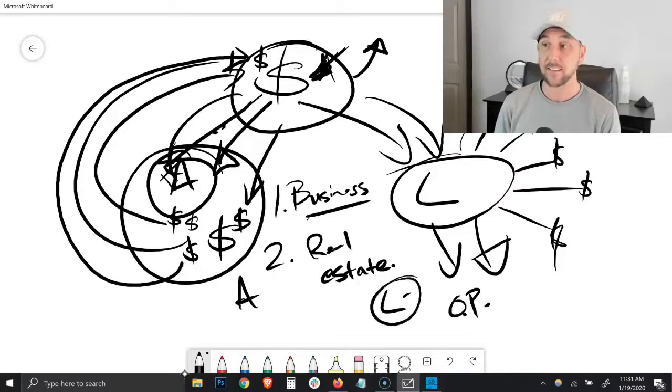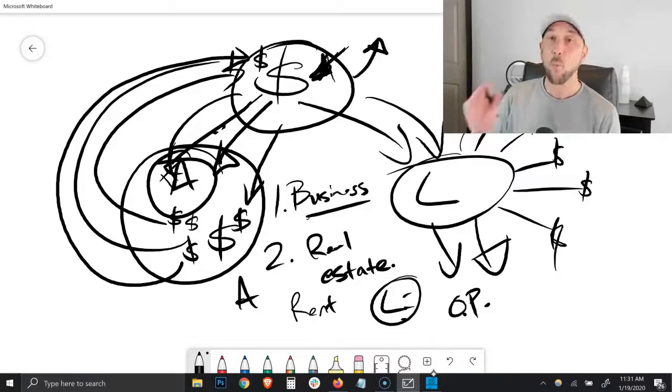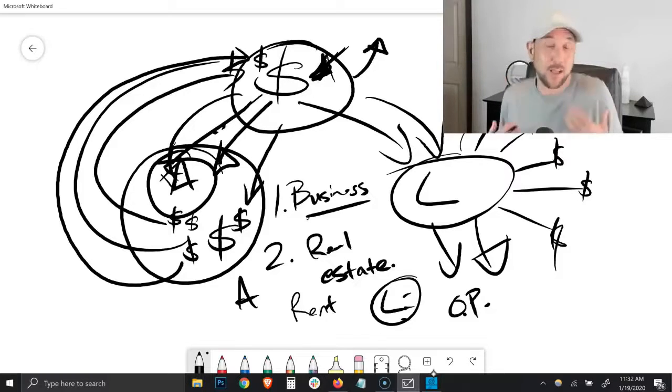And the tenant is going to pay for all of the liability aspects, right? So the rent covers the mortgage, the insurance, the taxes, and the maintenance when the deal is structured correctly. If you get it wrong, your rental could be a liability because it could be costing you money every month. But when it's done right, a rental property should be covering all of the costs and it should generate excess. And that's it.